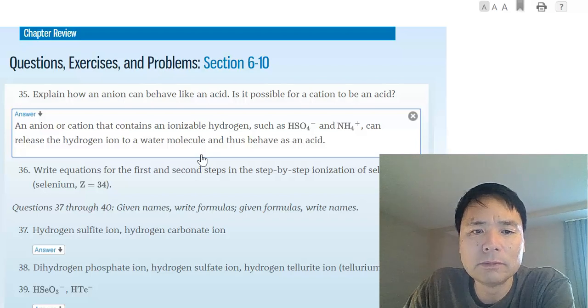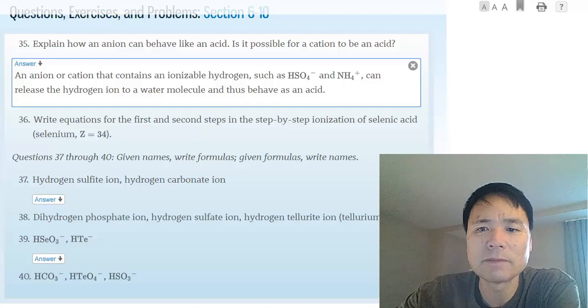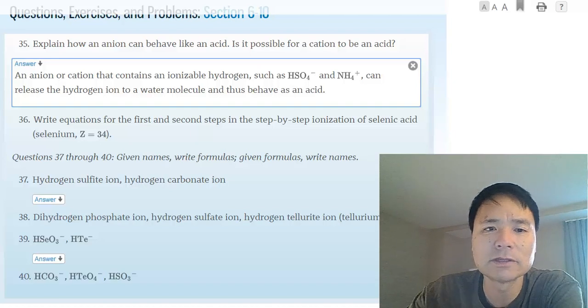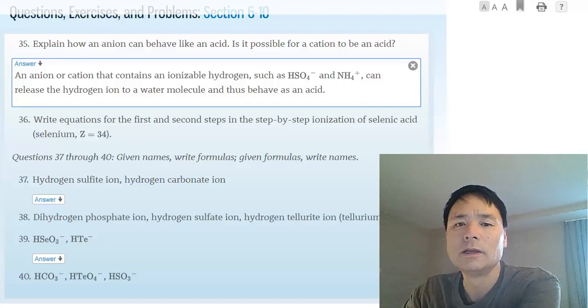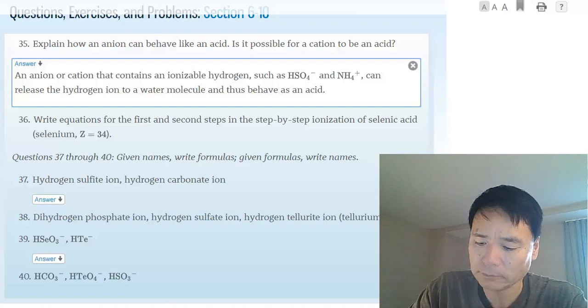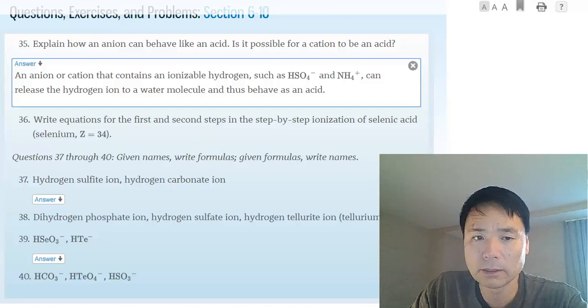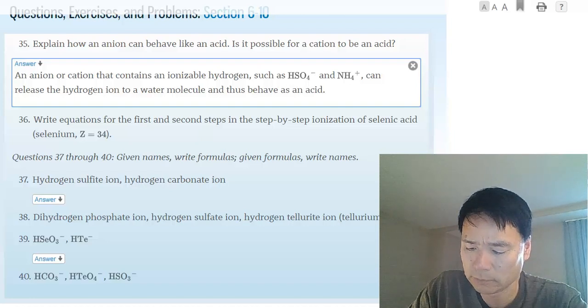Okay, write equations for the first and second steps in the step-by-step ionization of selenic acid. All right, so maybe I should just show you the structure really quick of HC2H3O2.